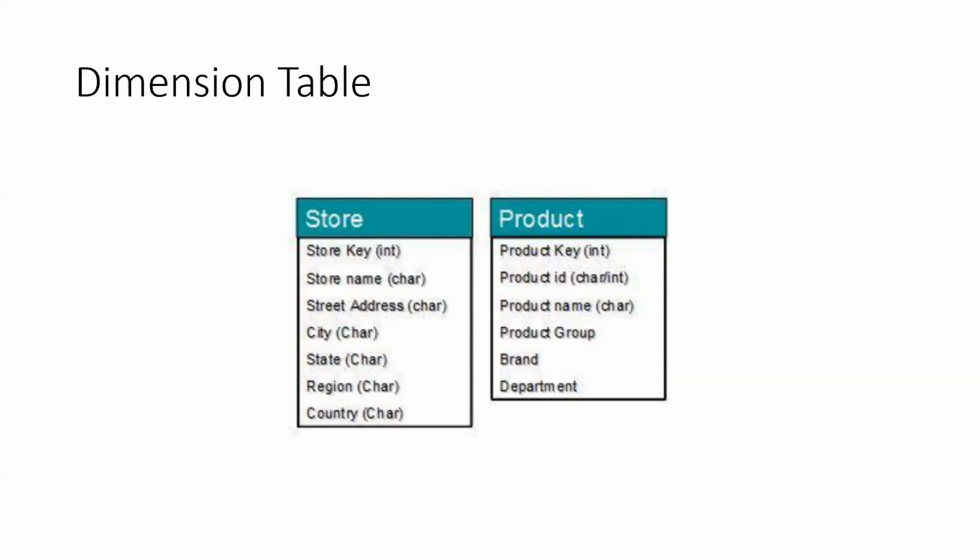There are other things as well: product ID, product name, product group, which brand this product is for, particular department. So all the product related information is kept in the dimension table, and there should be a primary key present over here. The same primary key should be present in the fact table as a foreign key, so that we can create the data model by joining between the fact table and the dimension table.